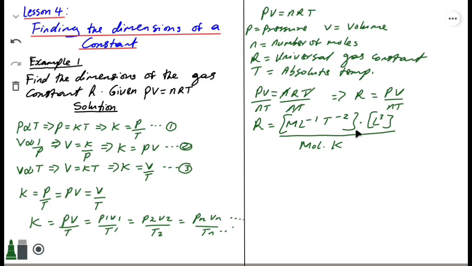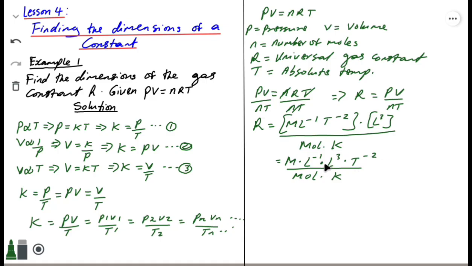Now, if we integrate these dimensions, we also have to recall our knowledge of indices, which is the product law. That is, M multiplied by L raised to the power of minus 1 multiplied by L raised to the power of 3 multiplied by T raised to the power of minus 2, over mole Kelvin.